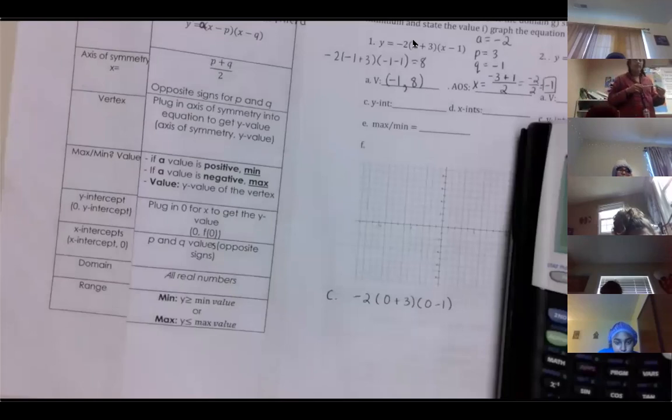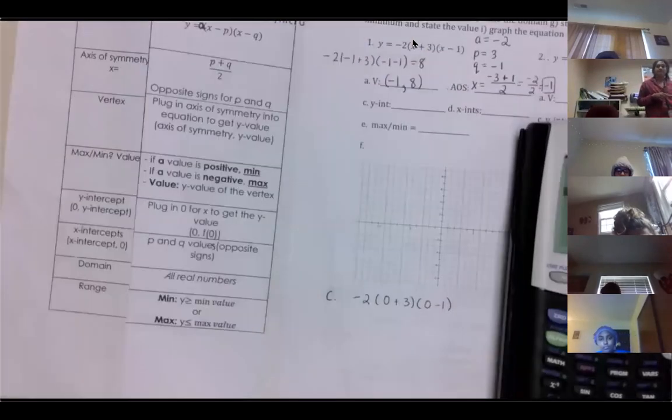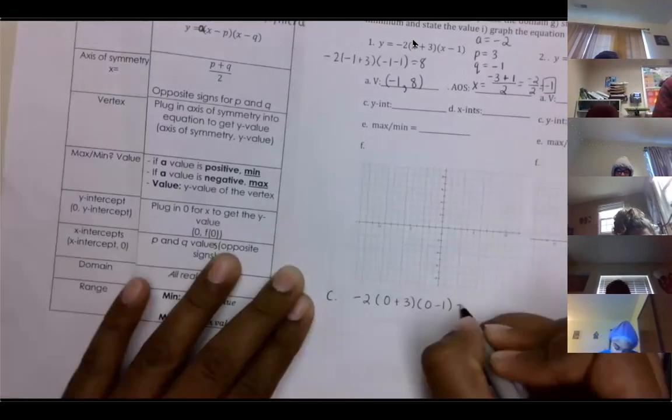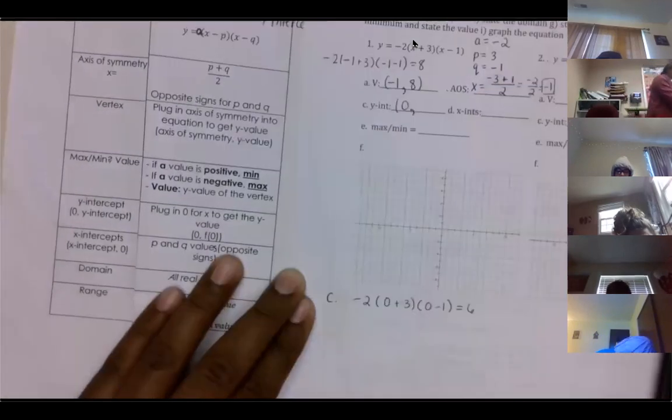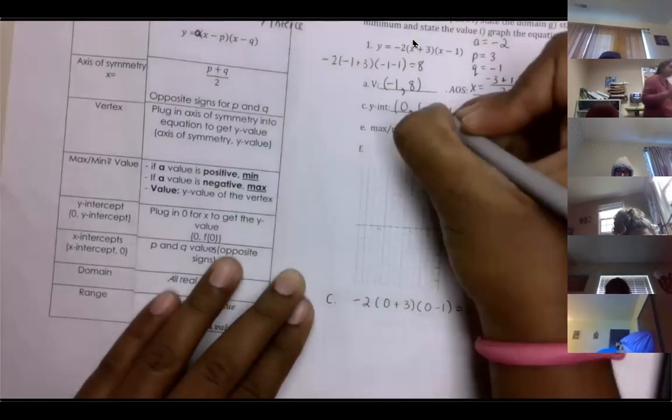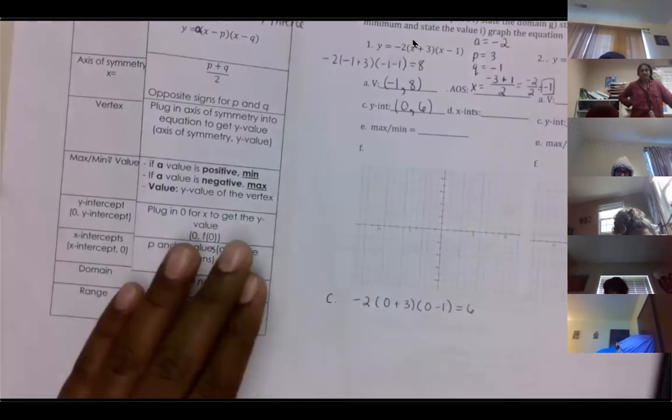Why do you plug it in that way? Because I'm just plugging in a 0 everywhere I see an x in my original equation. And that's going to give me 6. So remember, for your y-intercept, the x value is always 0, and the y value is whatever you got when you plugged in that 0. So in this case, it's 6.